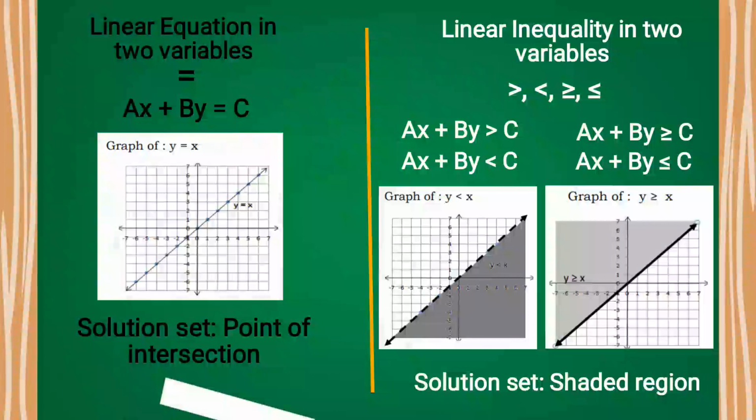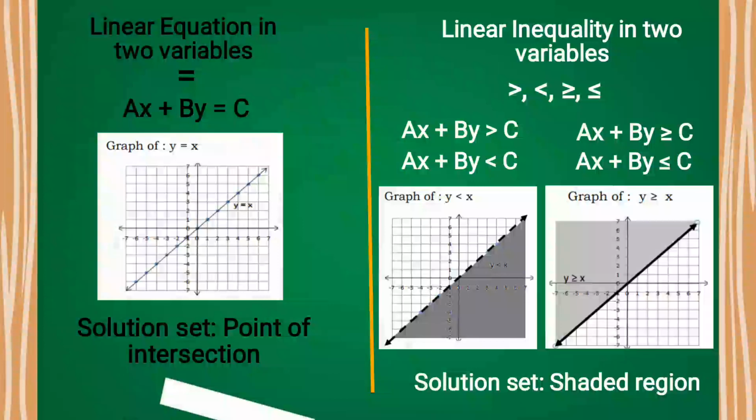Yun yung solution, isa lang. This time po, marami. Lahat po ng nasa babang shaded or nasa taas, as long as kasali siya dun sa isinade, solution set pa rin po siya. So, marami po. Okay po. So, ito po yung comparison ng linear equation and linear inequality in two variables.